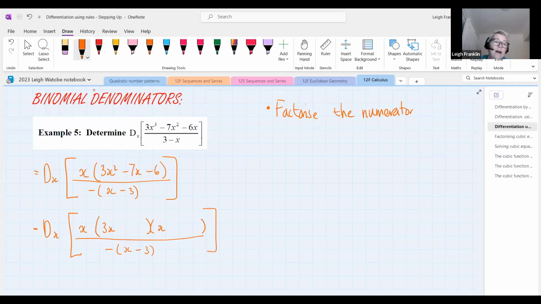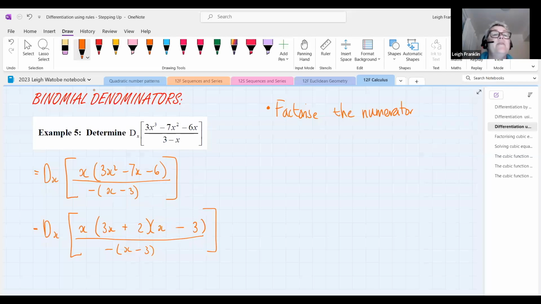Now I need to think of my factors of 6 that can also give me 7 in the middle. So I'm going to put 3 here and 2 over there. This is going to give me 9x, so I want that to be minus 9x, plus 2x to give me the minus 7x in the middle. And then plus 2 times negative 3 will leave me with my negative 6.